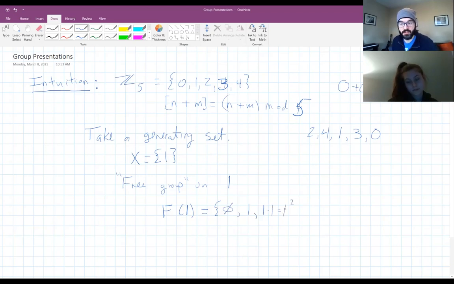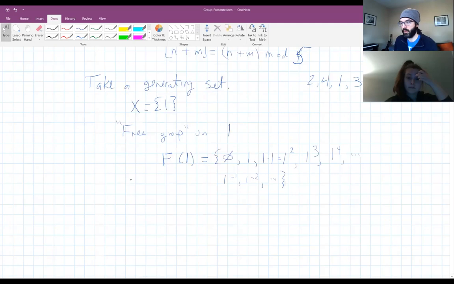Now, this isn't like the integer 1 anymore, okay? This is an abstract symbol. And 1 cubed and 1 to the 4th and so on. It goes on forever. Again, these are symbols. I'm not going to say 1 to the 4th is 1 because we're not talking about integers anymore. It also includes inverses. So 1 to the -1, 1 to the -2, etc. This is a formal construction that I'll define in just a second.